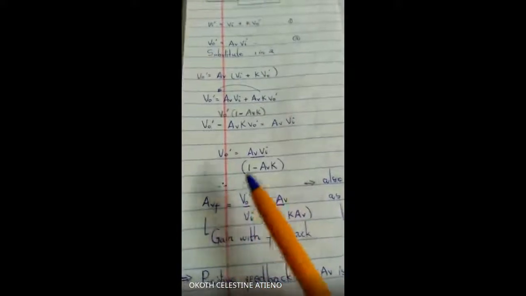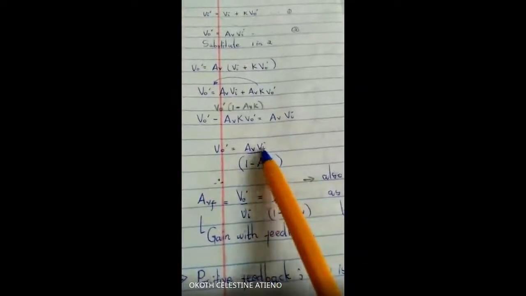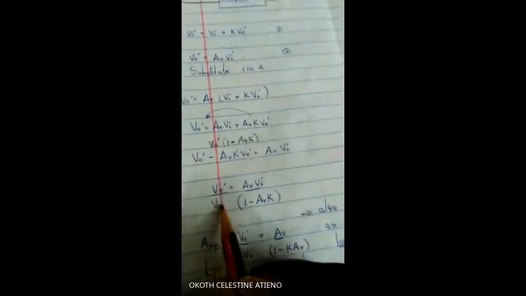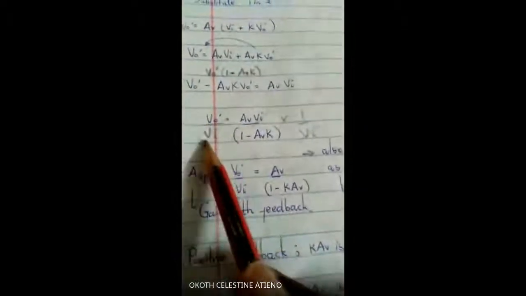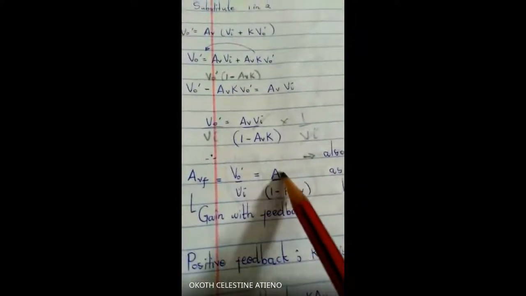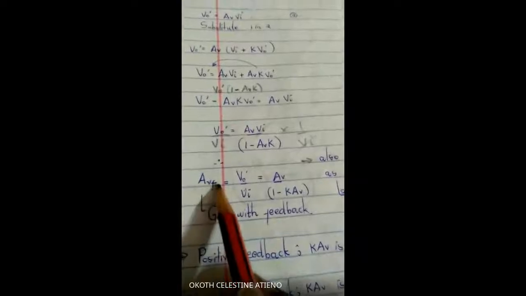Now, we know gain is voltage out over voltage in. So if I divide by voltage in here, the VI will cancel. I end up with V out over V in, the gain with feedback, equals the voltage gain without feedback over 1 minus K AV. Every time you see an expression written with subscript F, it means there is feedback.